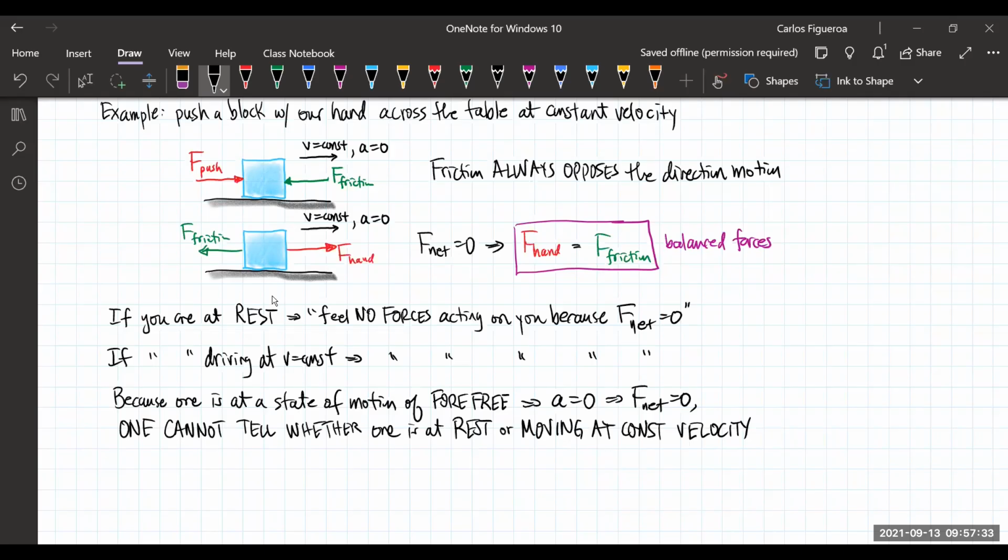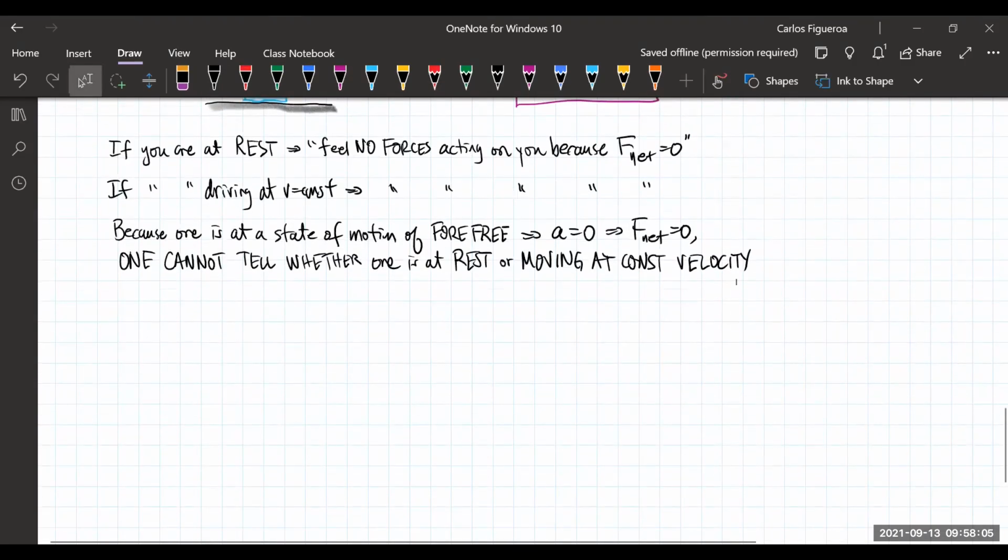That is a wild statement, because what it's saying here is that you can't tell whether you're at rest or moving at constant velocity. And in physics, it's even stronger. You can't even do an experiment that shows that you're at rest or constant velocity. These two states are identical. And to try to show you what I mean by this, I want to give you an example. Okay. So here's the example.